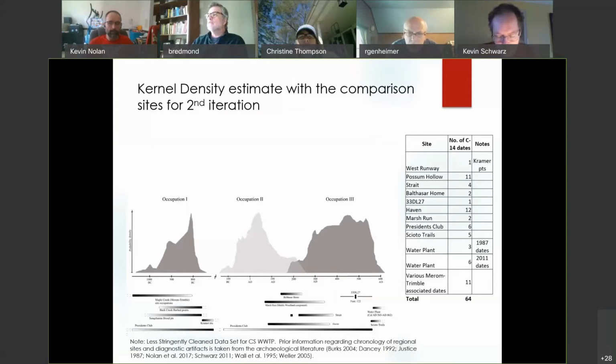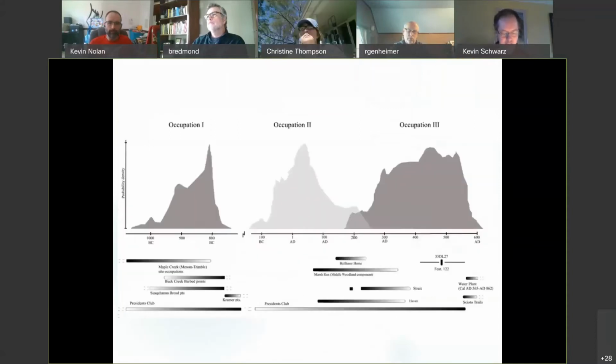These are all occupation 2 and 3 related sites. Marsh Run and President's Club span pretty much the whole chronology, then Scioto Trails and Water Plant site. Here in a minute, I'll show you the comparison in the end of occupation 3 and how that feathers in there. And then I was trying to get various Merrim Trimble related dates, also mostly from the Ohio Valley further south. I do have a couple from the Scioto Valley, but I'm having trouble finding them. Next slide. You see a close-up.